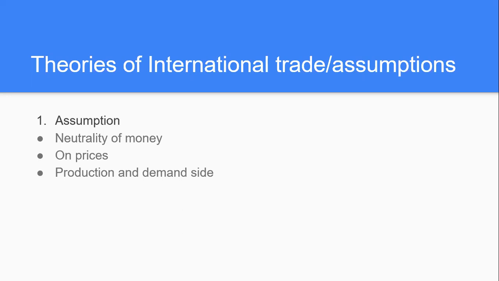Then an assumption also occurs on pricing, where prices are freely flexible, determined under conditions of perfect competition, and therefore this assumption postulates absence of minimum wage or maximum rent.